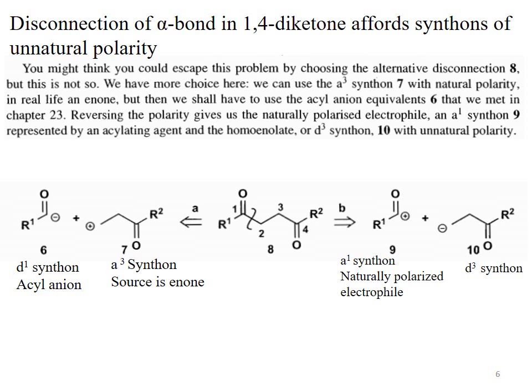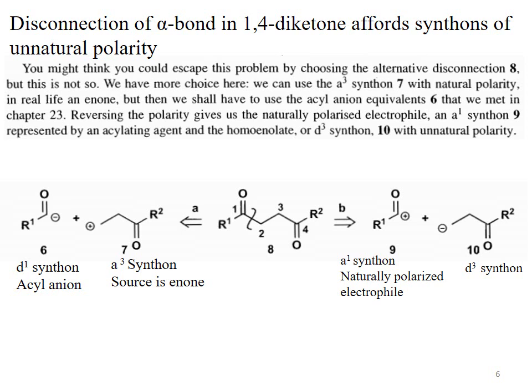But then we shall have to use the acyl anion equivalent, the synthon 6. This is a synthon of unnatural polarity. Reversing the polarity, because we put the negative charge on the left fragment and the positive charge on the right fragment. But here we reverse the polarity.